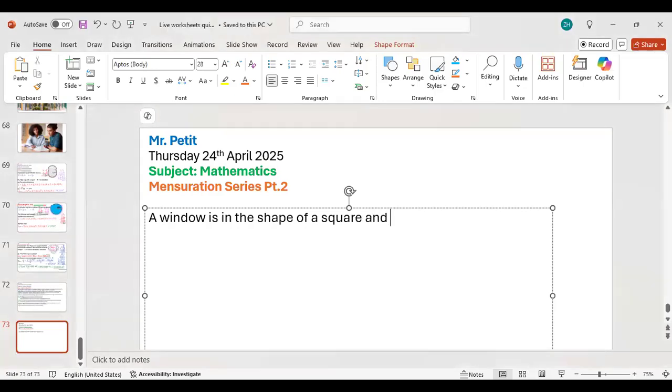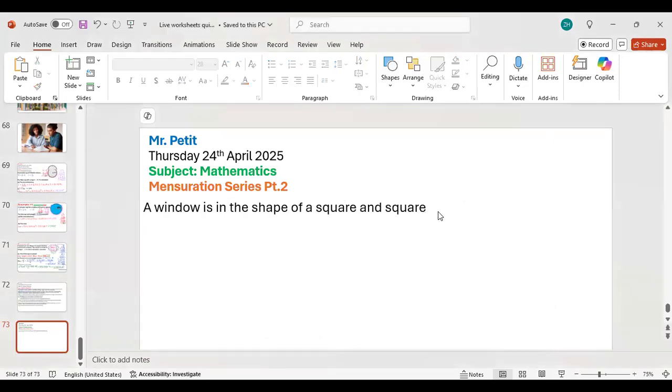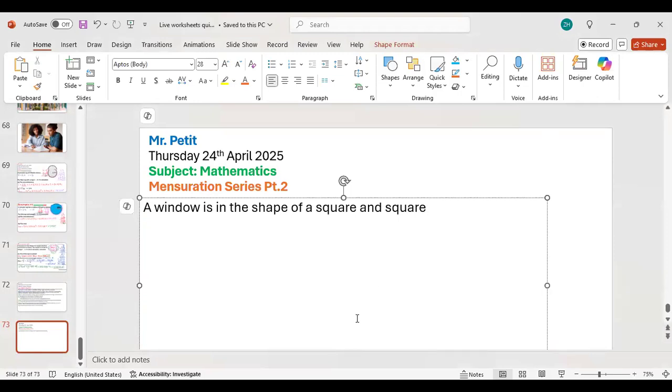What you could do is use some folder sheet. If you don't have a folder sheet, then the best bet is typing it on Word or Google Docs.